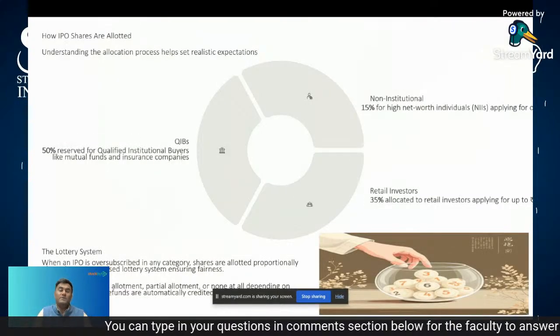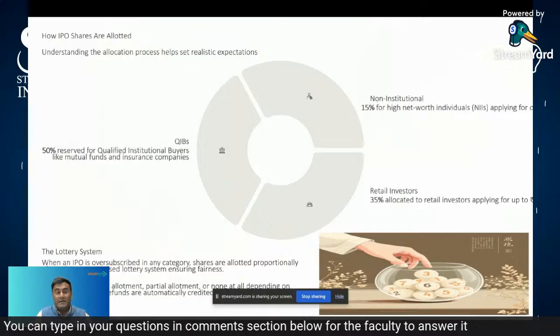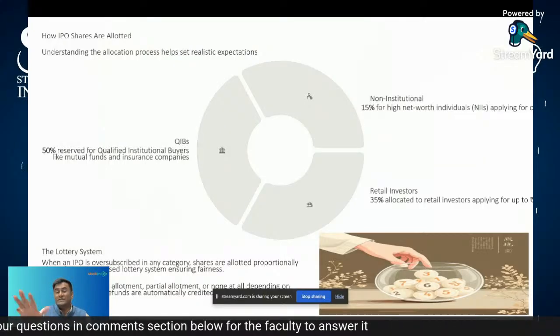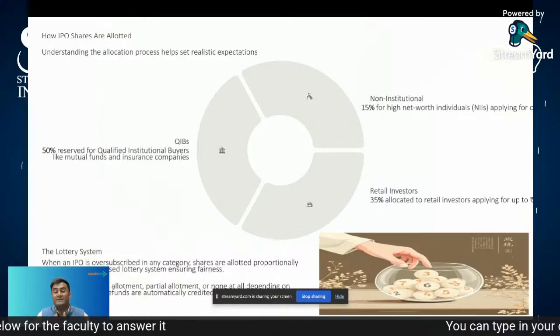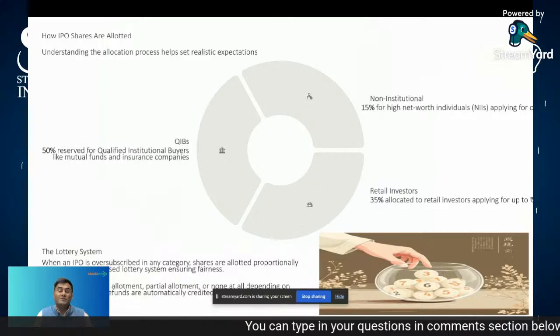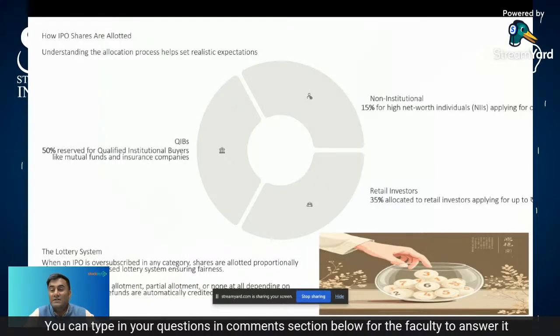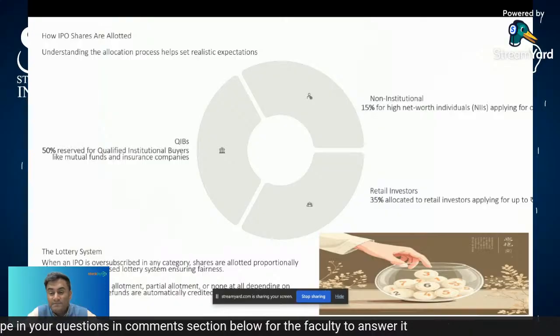So how are IPOs allotted? Understanding this process helps set realistic expectations. For non-institutionals, it is 15%, for high net worth individuals.